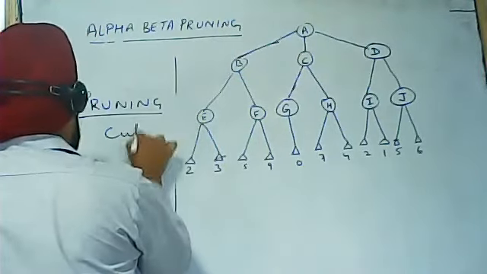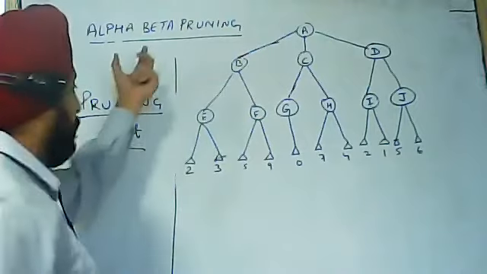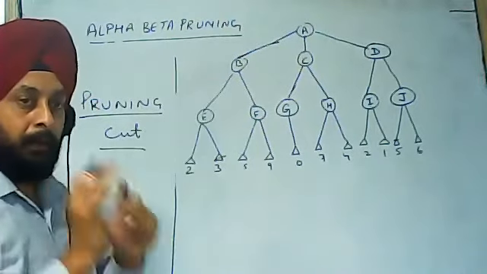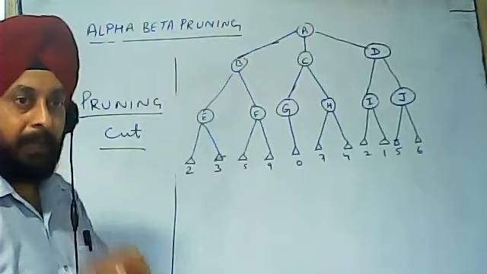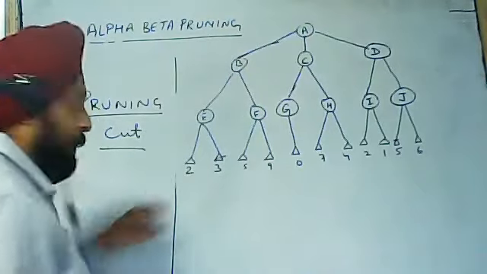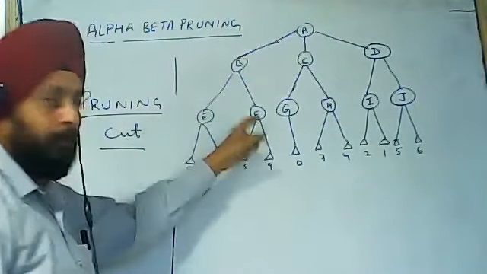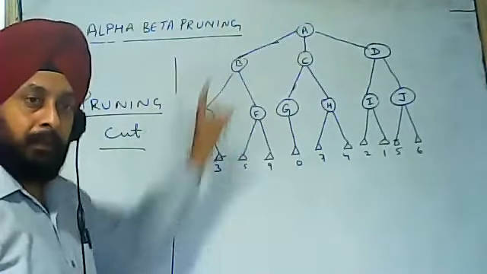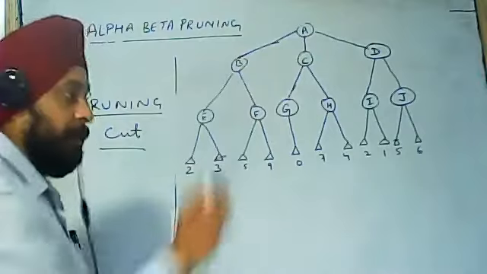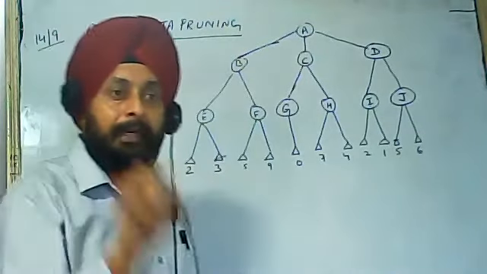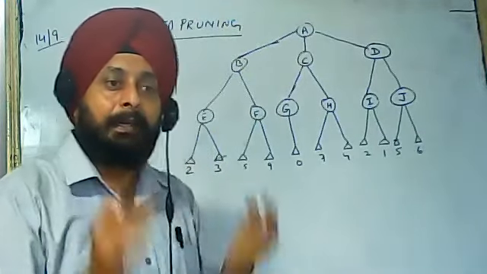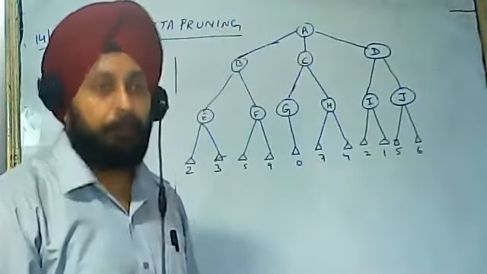According to alpha beta pruning, there is a rule that I will discuss now. If that rule is satisfied, then some of the branches get pruned or cut, and need not be explored.